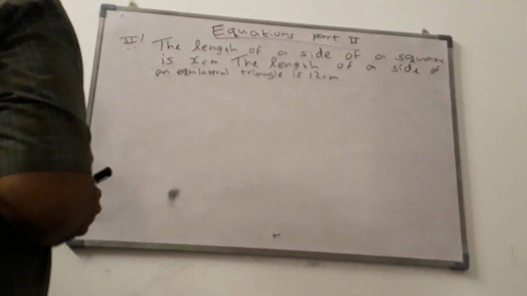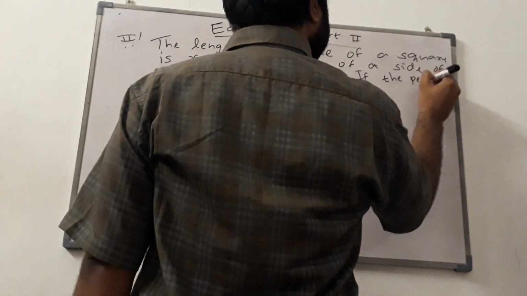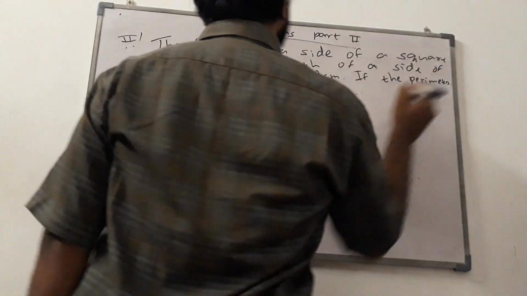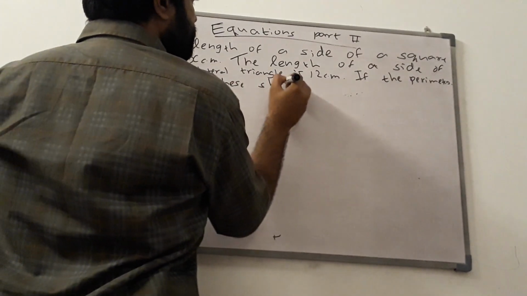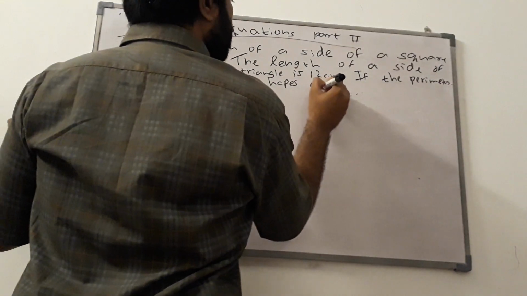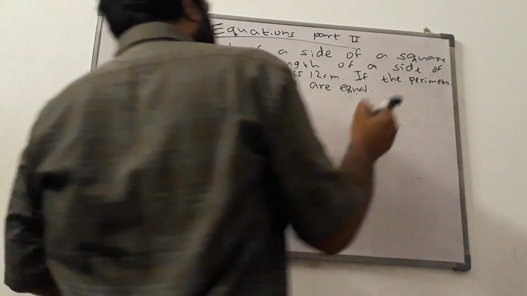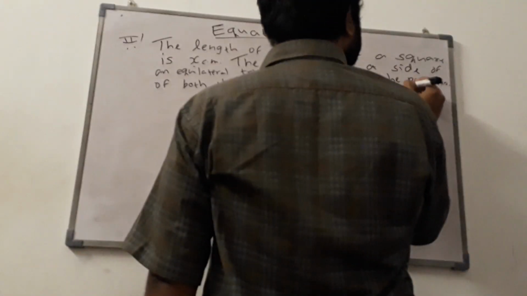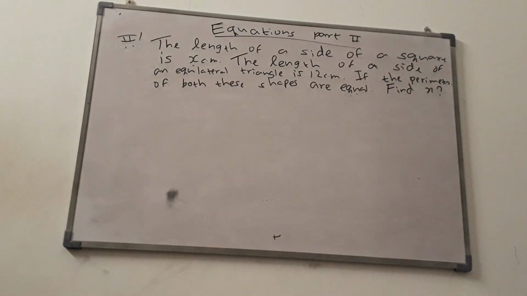If the perimeters of both these shapes are equal, find x, or the length of a side of a square.